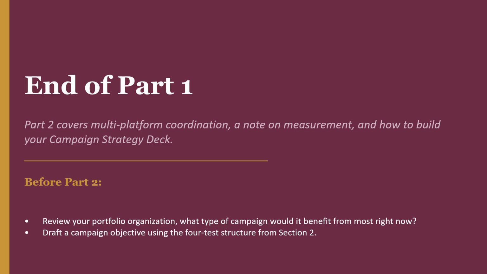Take a few minutes to think about your portfolio organization. What campaign type fits where it is right now? Annual fund, audience development, season launch, capital campaign, or an event? Which one, frankly, would be easier for you to do right now because we are working at a little bit of a disadvantage. So think about, annual fund may be a little bit more biting off more than you can chew.